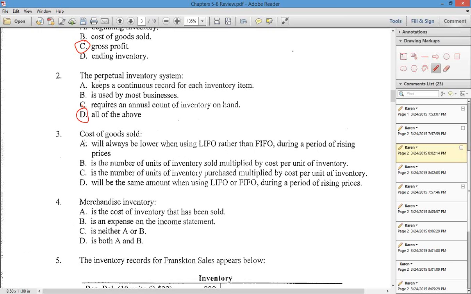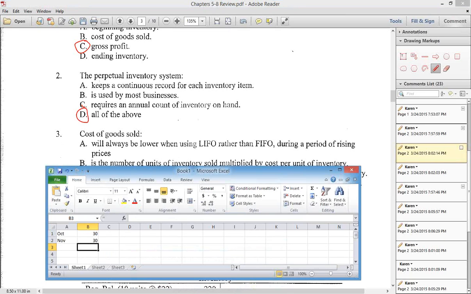The cost of goods sold, the reason it's not A, will always be lower when using LIFO rather than FIFO. Again, I'm a very visual learner.